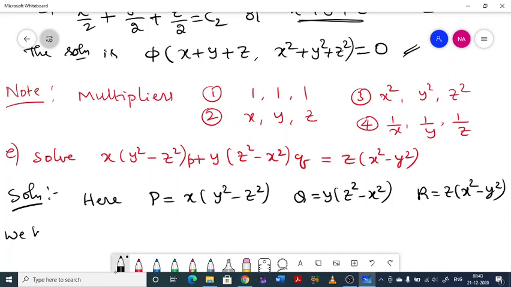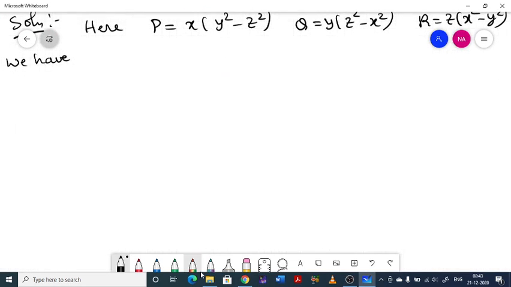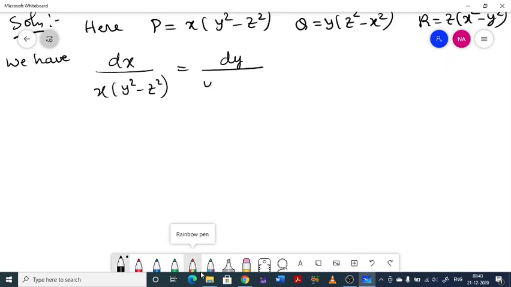We have dx by P, that is dx by x into y square minus z square, equal to dy by Q, that is y into z square minus x square, equal to dz divided by z into x square minus y square.